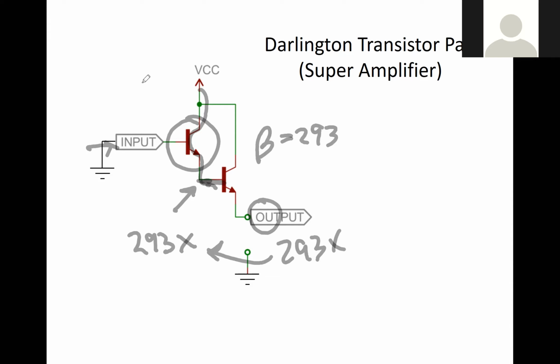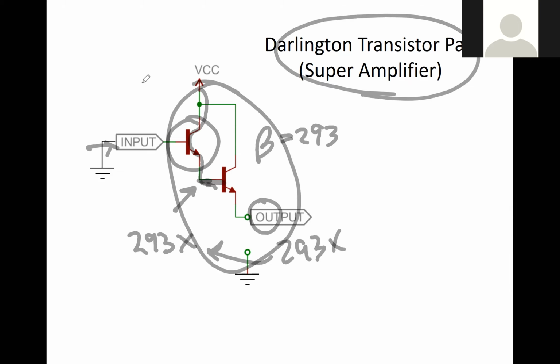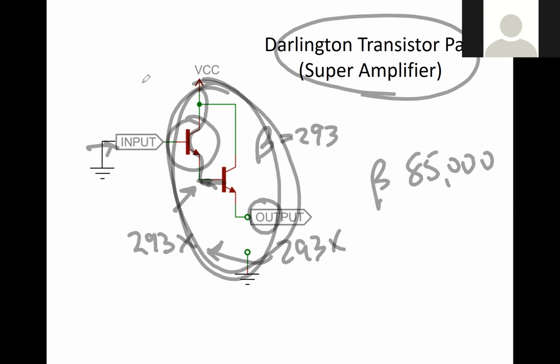So what you have is 293 times 293. If you look at this as a pair, which is, by the way, called a Darlington pair, the beta on a Darlington pair is 85,000. So you can get some amazing increases there, okay?